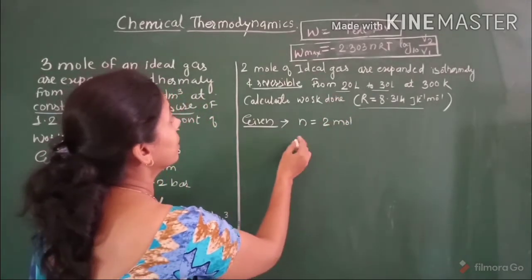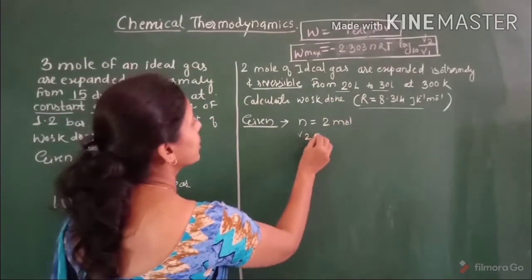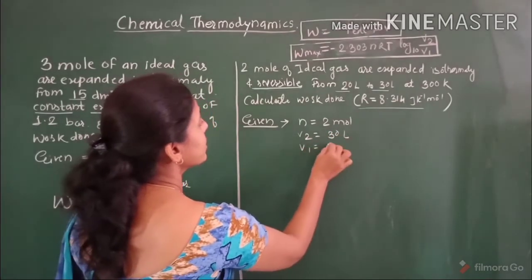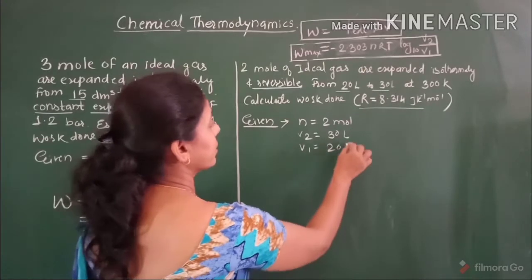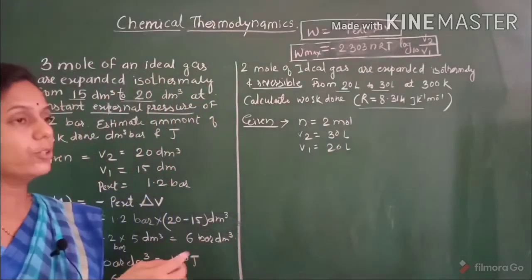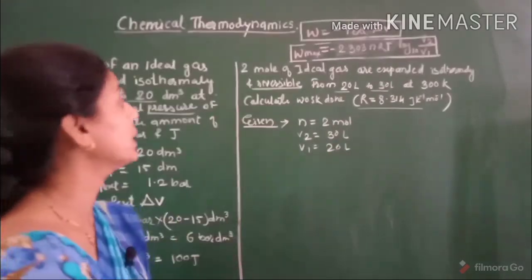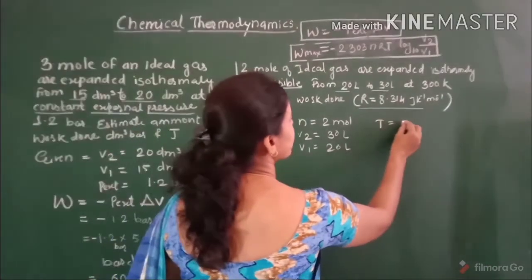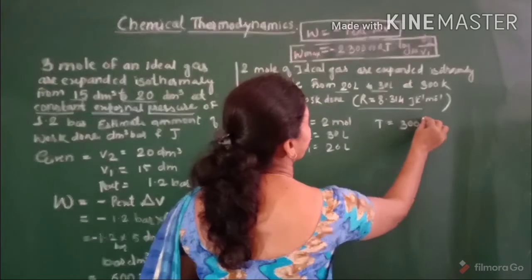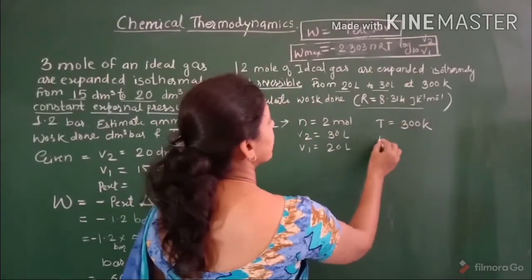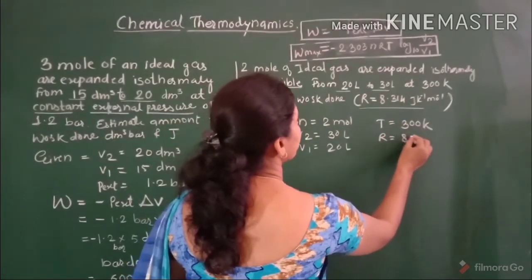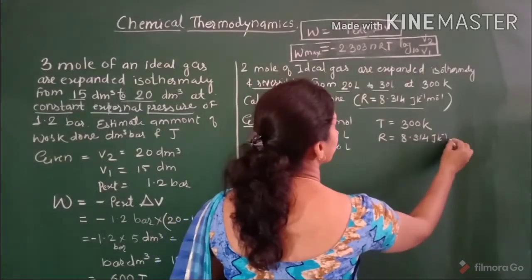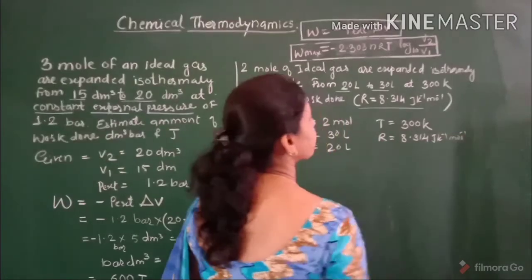Second, V2 is 30 liter and V1 is 20 liter. Liter and dm cube are the same. Here the volume is given in liter, and T is given as 300 Kelvin, and R is given: R equals 8.314 joule Kelvin inverse mole inverse.